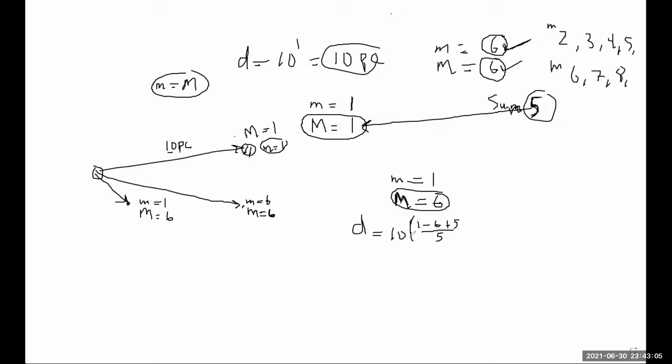What does that give you? 1 minus 6 gives you negative 5, plus 5 is 0. So it's 10 to the 0, which is 1. So it's 1 parsec away. It worked out nicely. That means that star is 1/10 the distance of this one.